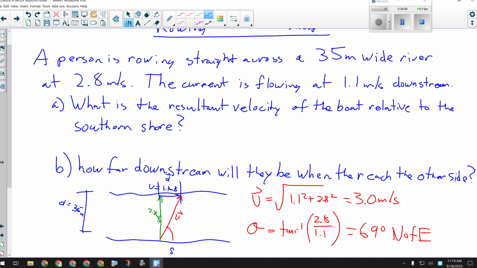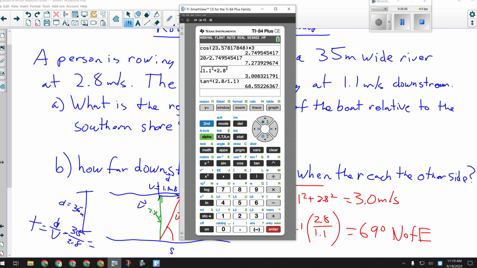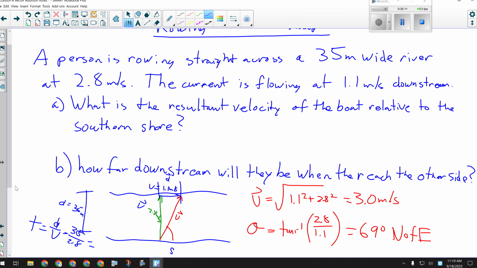I have the distance across, I have the velocity across. So I'll use those two numbers, because they point the same way, to get the time. So t equals d over v, 35 divided by 2.8. It's going to take 12.5 seconds to get across.